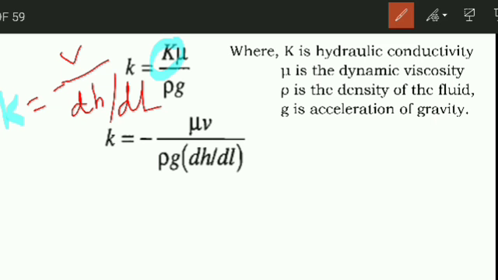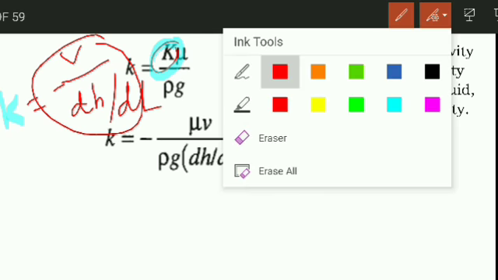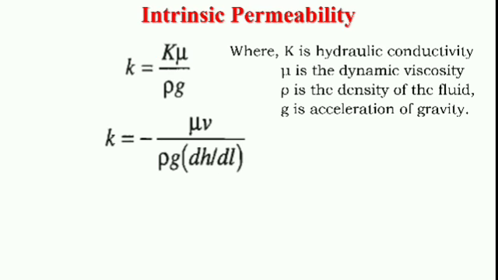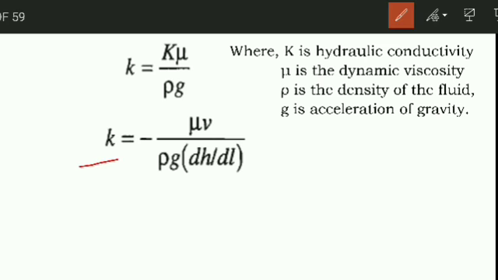Now if you replace this K by this, you will get small k, the intrinsic permeability, equal to mu, which will remain as it is, and we replace K by minus V divided by dH by dL, that is nothing but the capital K, and the denominator rho g remains as it is.